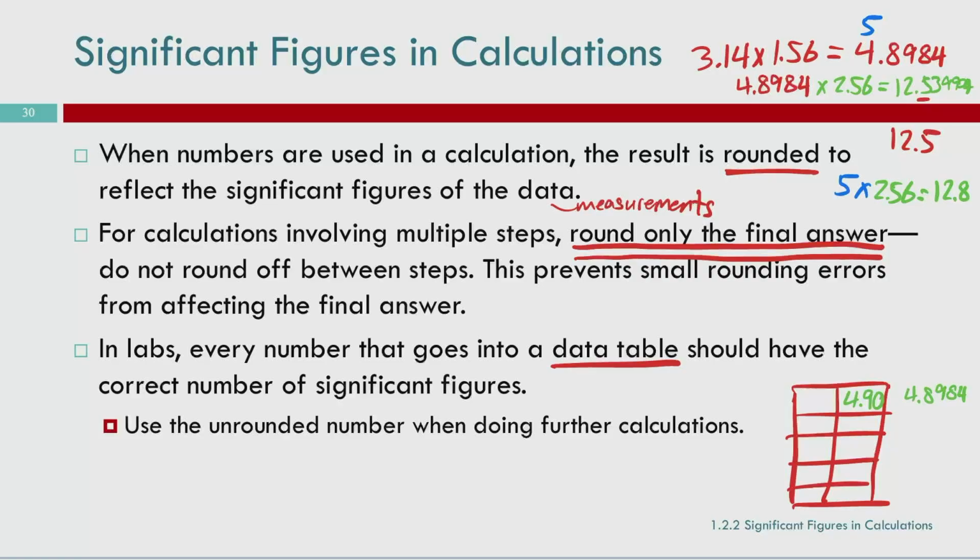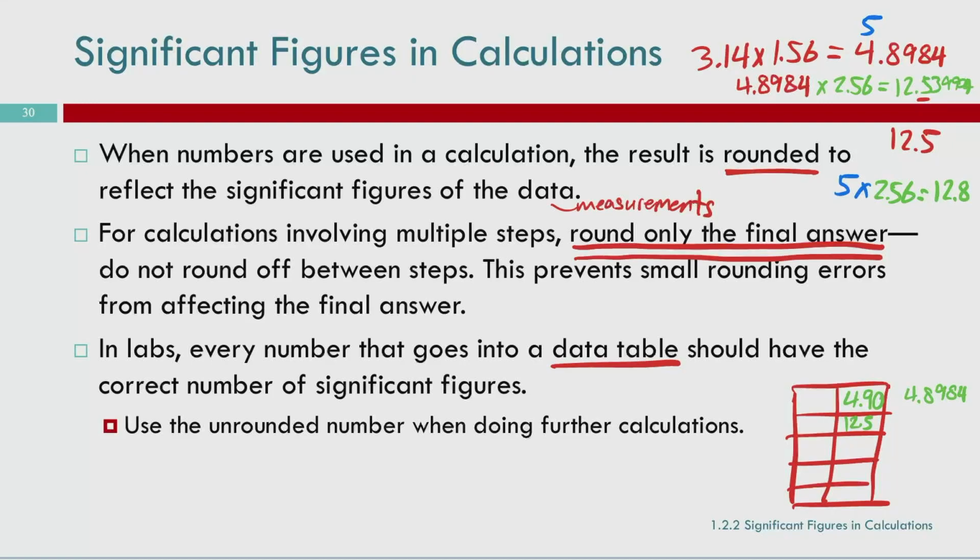Then we go on and do this calculation. We do the times 2.56. We take the whole number, the 4.8984, we multiply that by 2.56 to get the 12.5 that we put in our data table. So always using all of the numbers that our calculator gives us. If we're writing out our calculations, that means we're writing out all of the numbers that our calculator gave us.